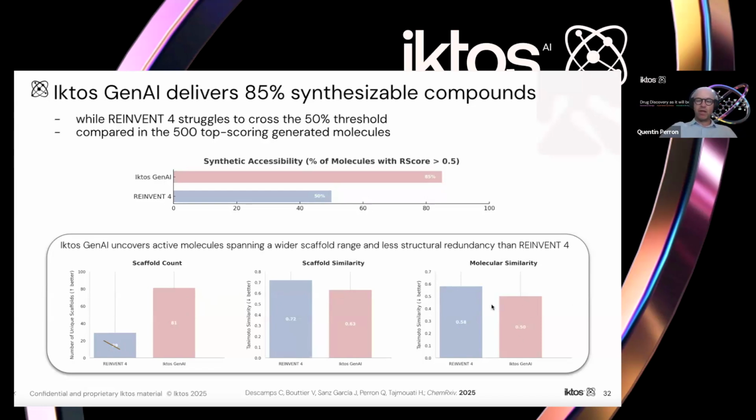And the same for molecular similarity, we have a lower molecular similarity. So it shows that even using QSAR model plus Tanimoto similarity, this type of GenAI, which plays with building blocks and reactions, allows you to get very diverse structures compared to GenAI playing with character permutation like reInvent.